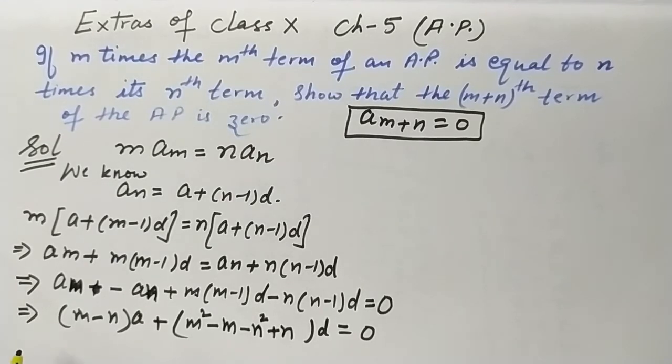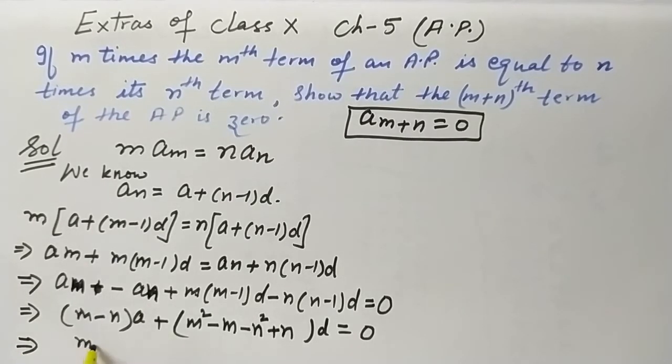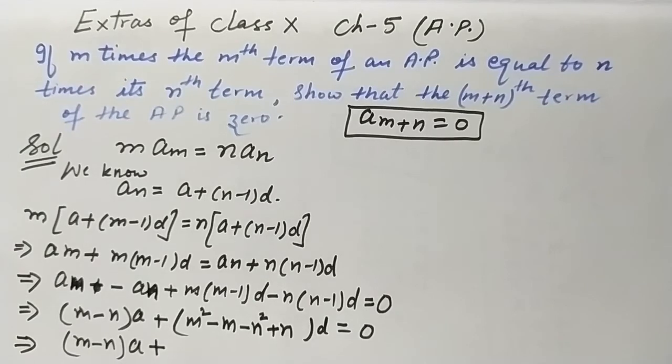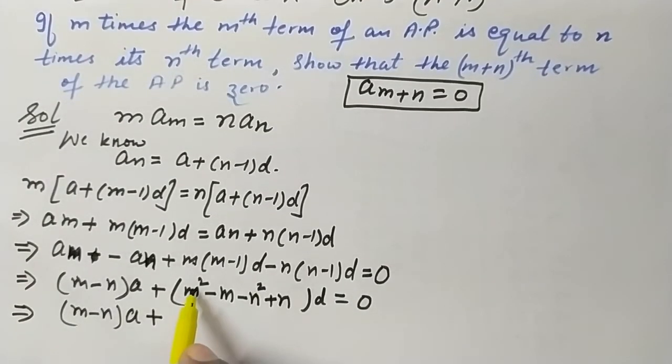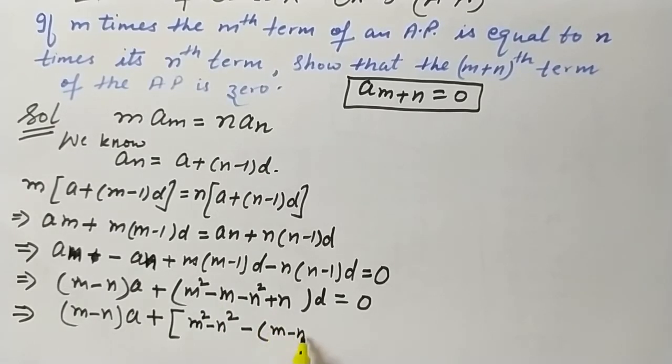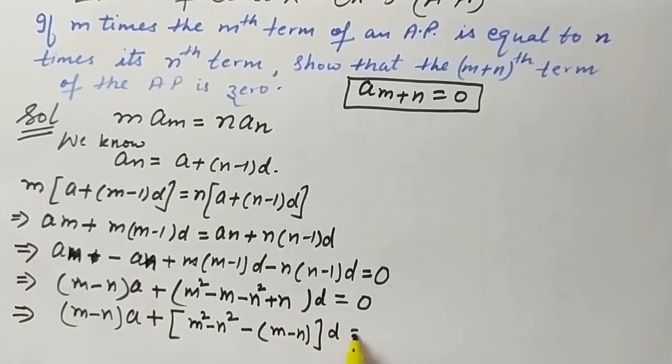Now see further what we do. (m minus n) into a as it is, plus, if I combine these, m square minus n square, that is a square minus b square. First of all write these together, m square minus n square, and from these two I am taking minus 1 common, so inside what is left, m minus n. Why I did this, I tell you how.